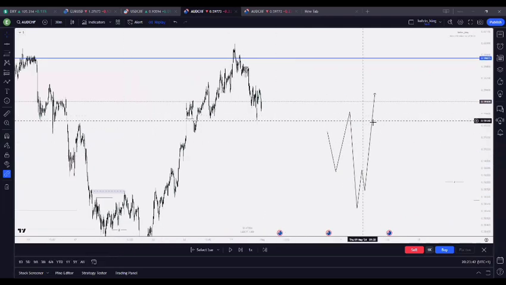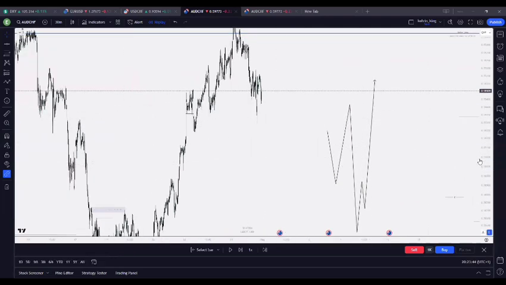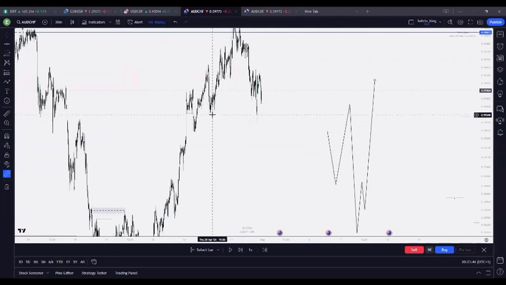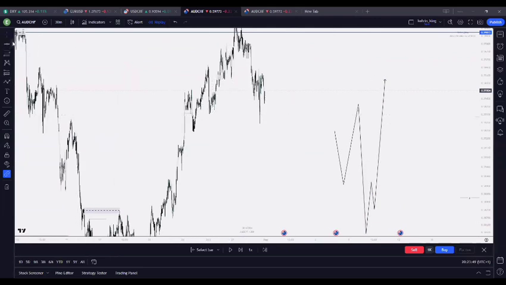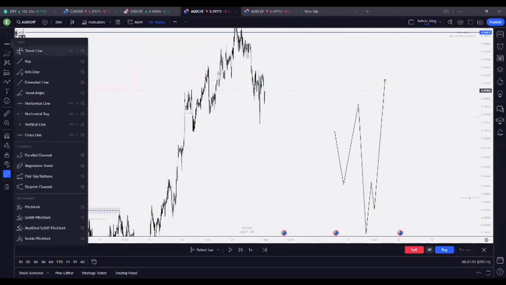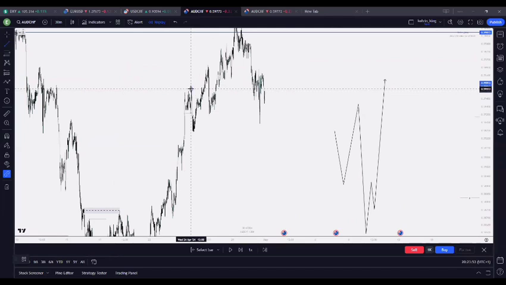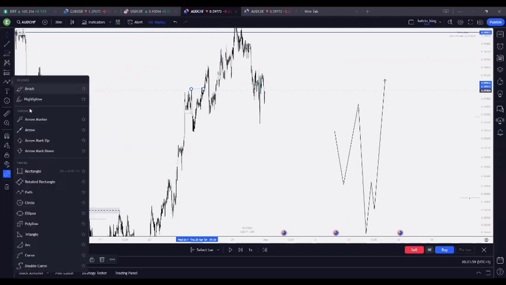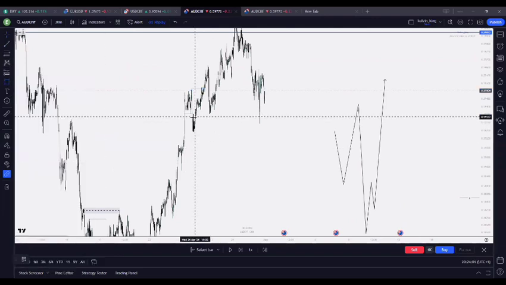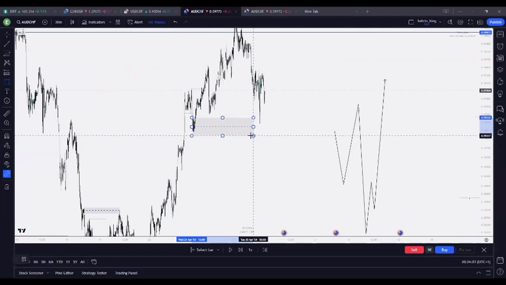So after marking that support zone, you can see that when price tapped into that support, we had a clean break here. Then this was a sweep, and this is an order block.